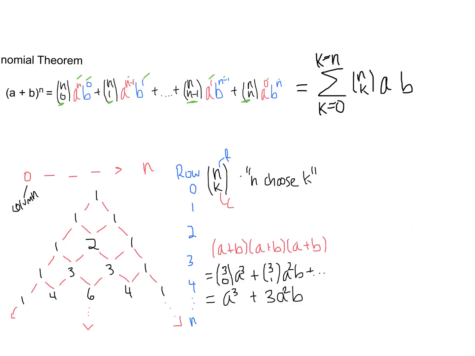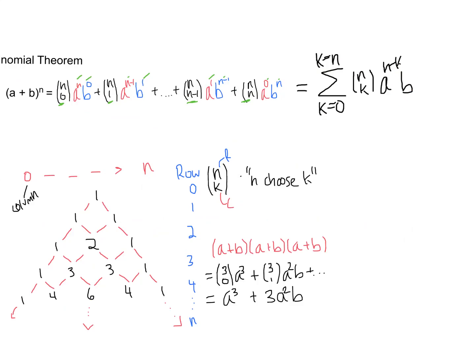So we can just say, take a and raise it to the n minus k power. So that way, when k is 0, this is a to the n. When k is 1, it's a to the n minus 1. And when k is n, it's n minus n, which is 0, and that's my last term.